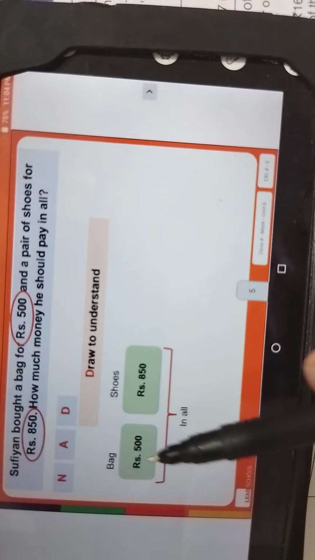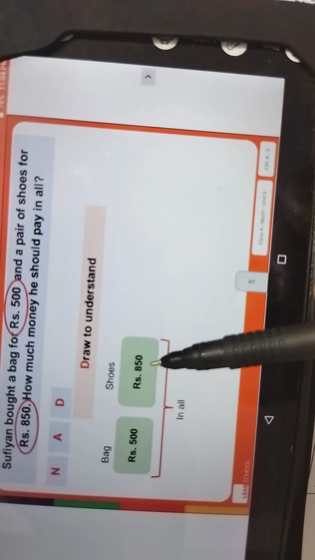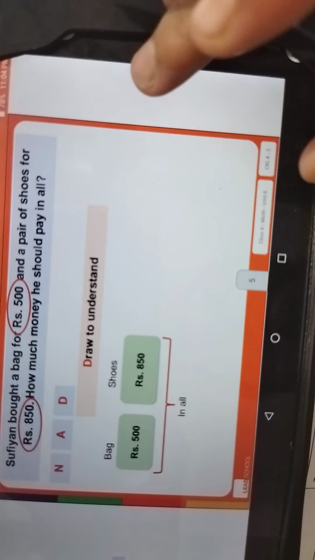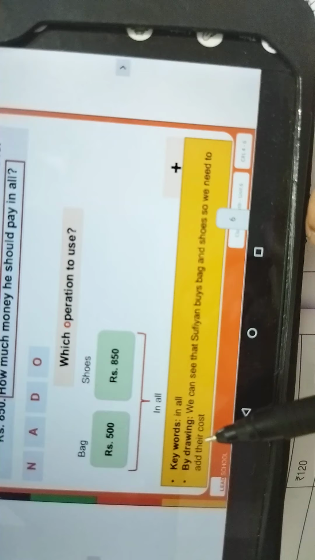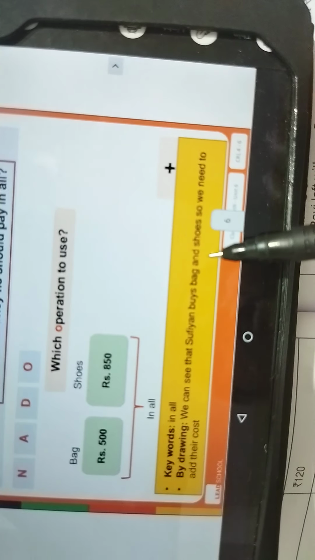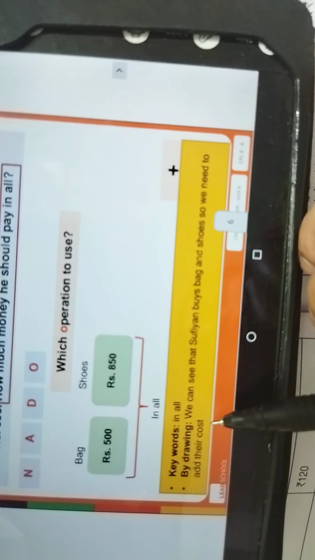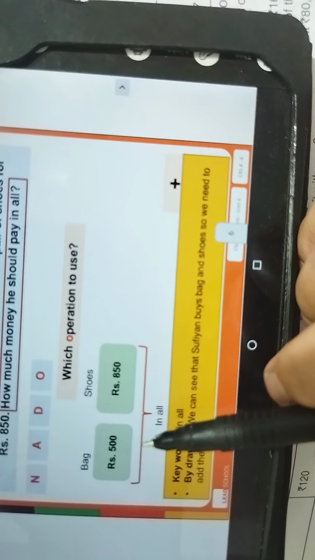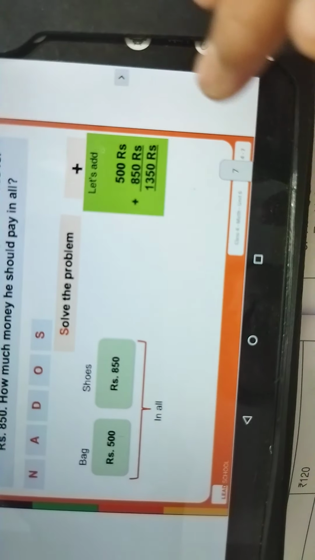Now next one. Bag ₹500, shoes ₹815, in all. Draw to understand. Now keywords, in all. We can say that Shafyan bought a bag and shoes, so we need to add their cost. Which operation will we use here?